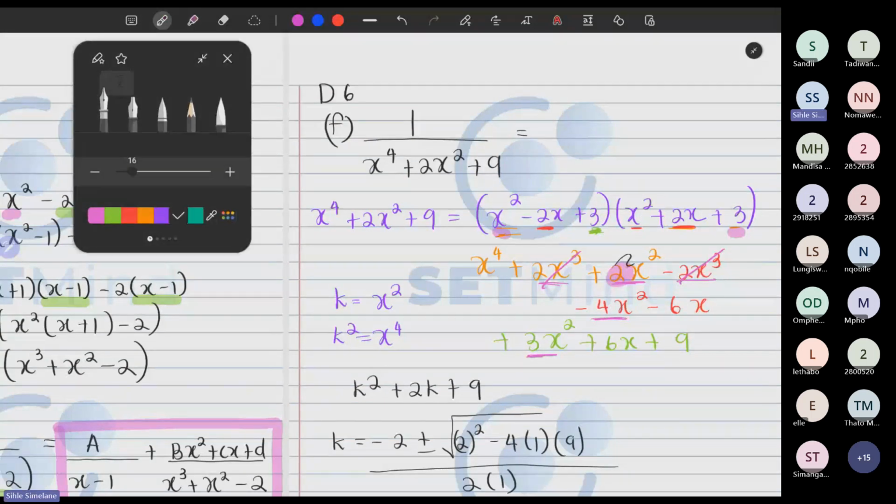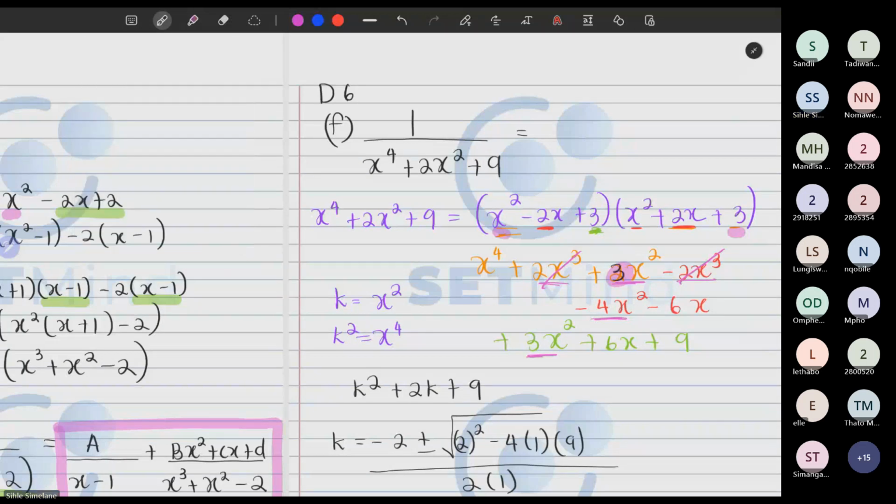Let me see 2 and then 3 there. And then let's quickly double check the others. Minus 2 times that becomes minus 2x cubed. And then minus 2 times that, we should get negative 4x squared. Minus 2 times that is negative 6. So now we have a 3, and then let's see now the x squared.